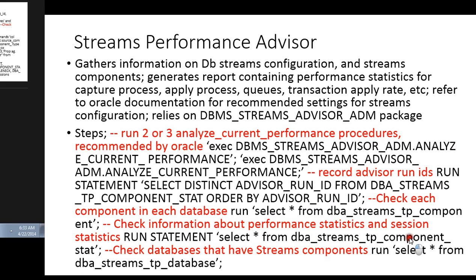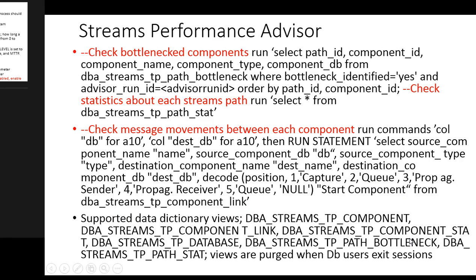The reason why I went over the different scripts, and this is the last script that I'm going to check message movements between each component, this script would just check the message flow. But the reason why I ran all those different scripts is I wanted to go over the different dictionary views that are supported with the Stream Performance Advisor.